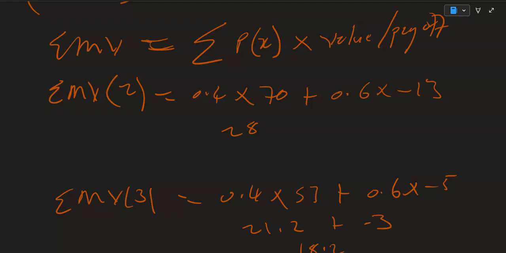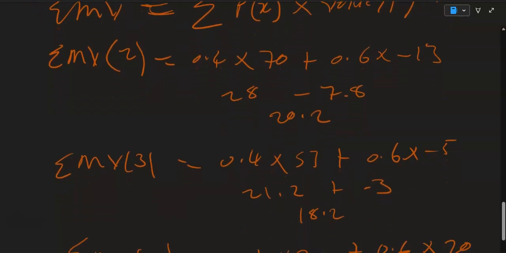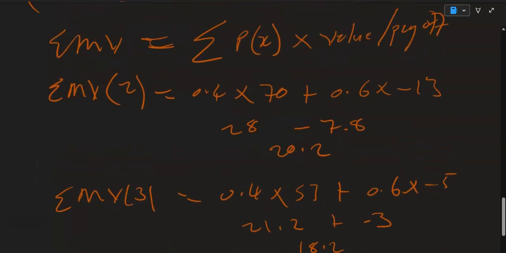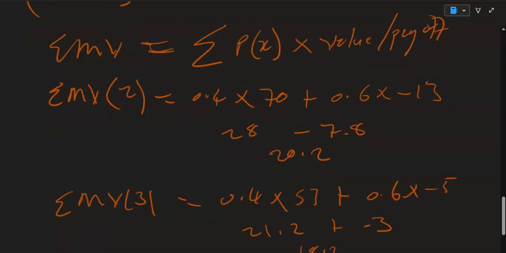So that is negative 13, I mean, so that would be negative 7.8. Okay, and what is 28 minus 7.8? That is 20.2. All right, so those are our values. So these we can input them into this now.